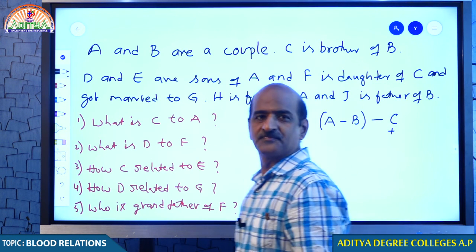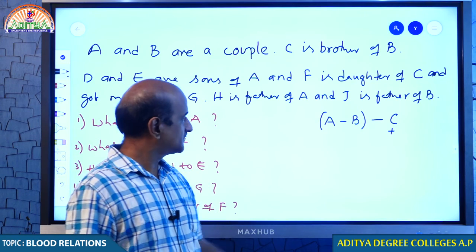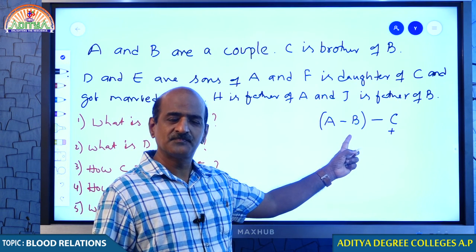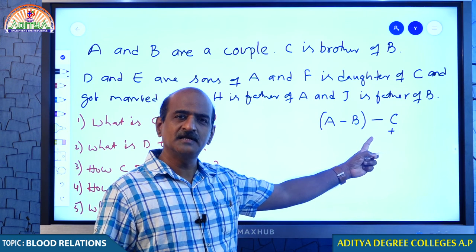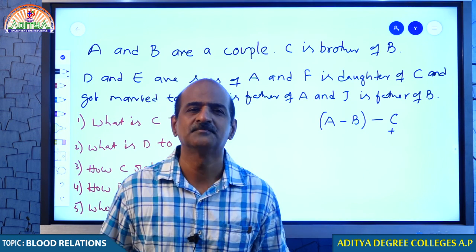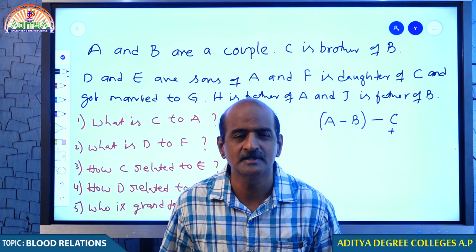First thing you must understand is that when C is brother of B, C will be brother-in-law to A. What do you think? Take my case, my dear students.